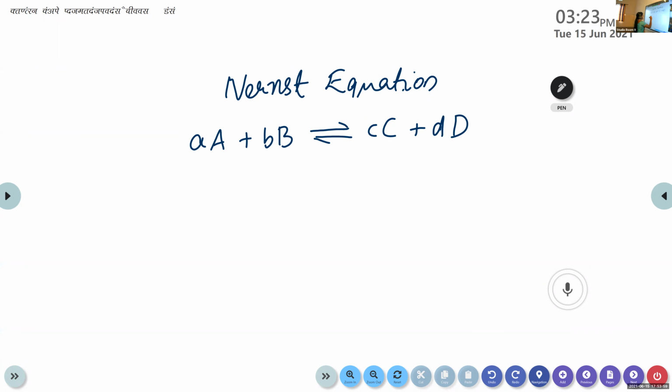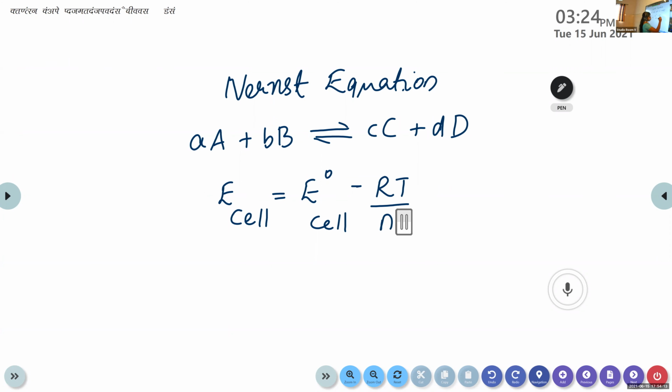The Nernst equation: E cell is equal to E° cell minus RT by nF ln of the concentration of C, this one is capital C, raised to c. This one is the coefficient. Okay, these small letters are the coefficients.